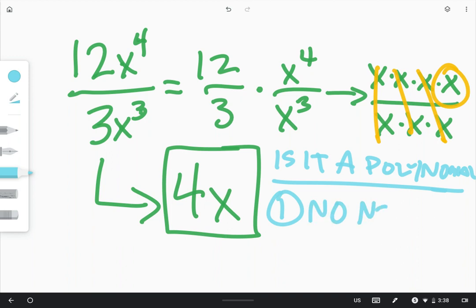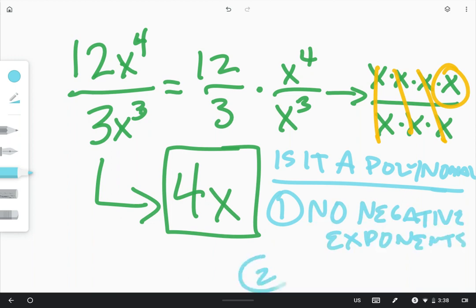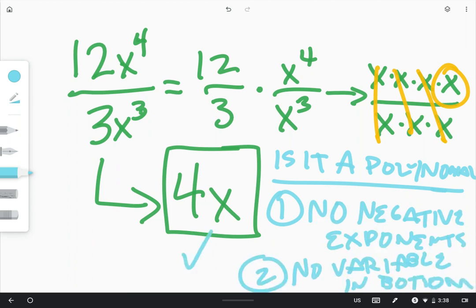No negative exponents, and there can be no variable in the bottom of the fraction. And so this one is yes. This one is a polynomial.